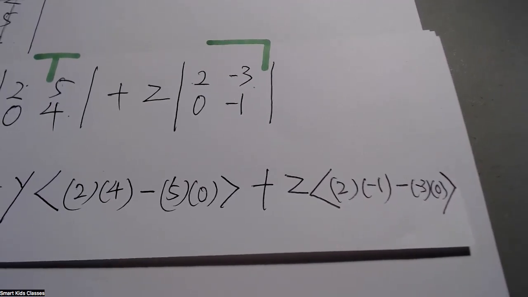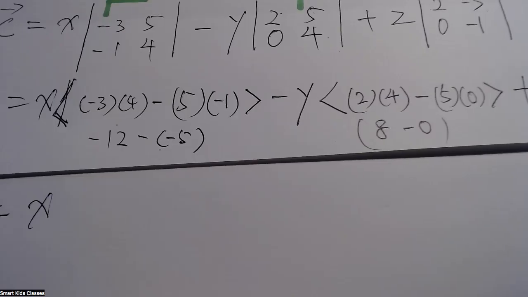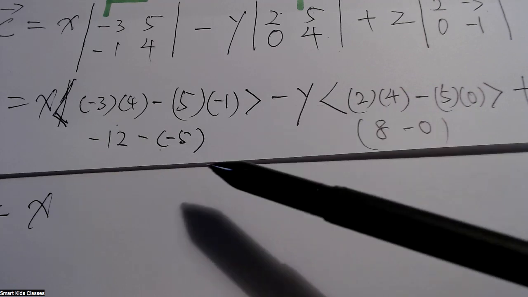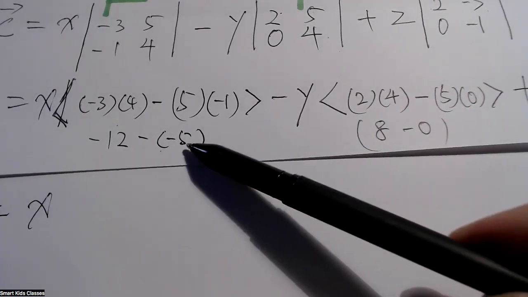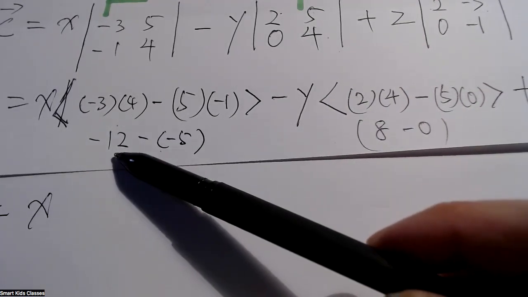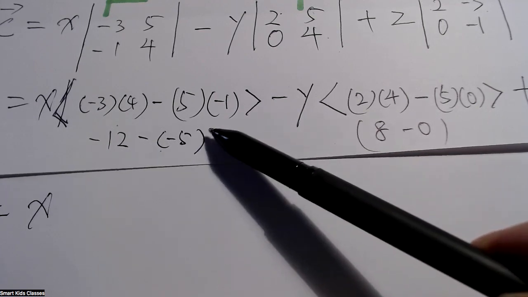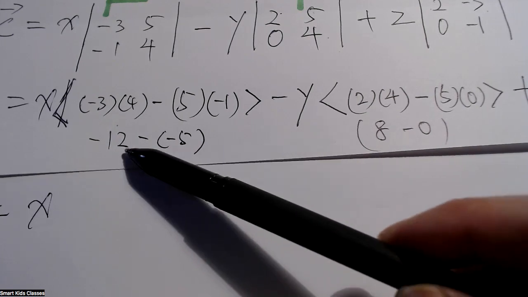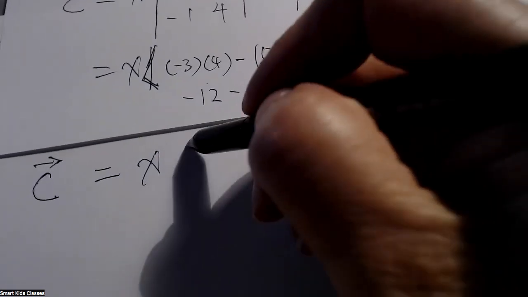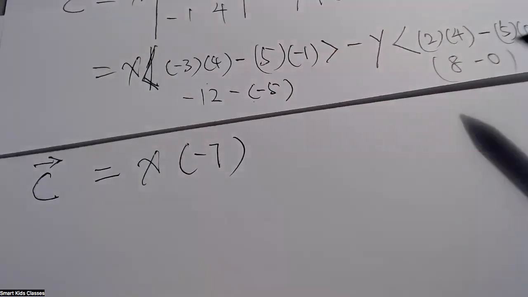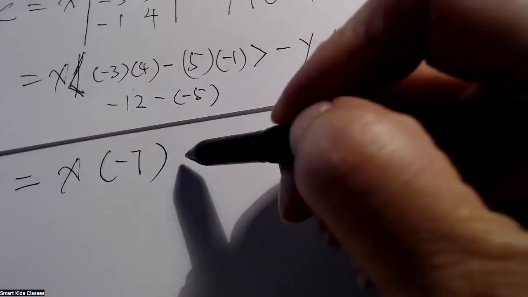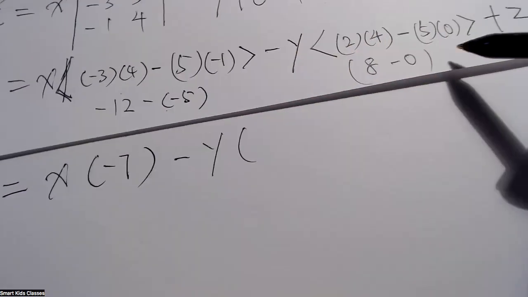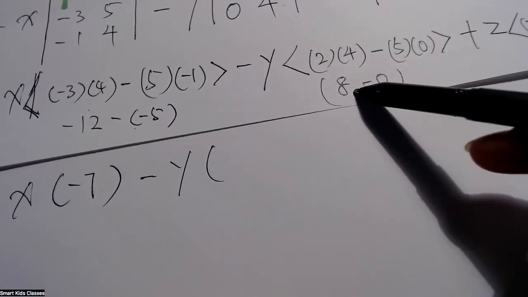Now we're going to do the calculation for each axis, X, Y, Z. For X: -3 times 4 is -12, minus -5, so plus 5, we get -7. Next we have -Y, 8, only an 8.